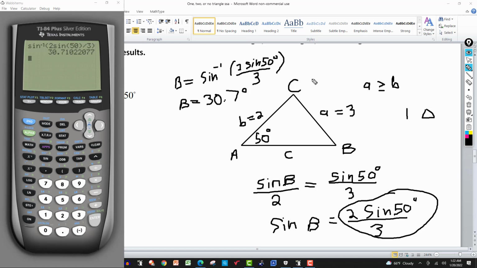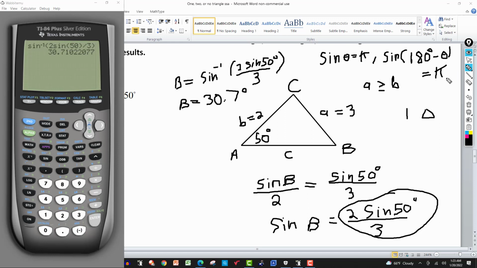It's important to know, especially when you're working with the law of sines, that if the sine of theta is equal to k, then the sine of 180 minus theta is equal to k.